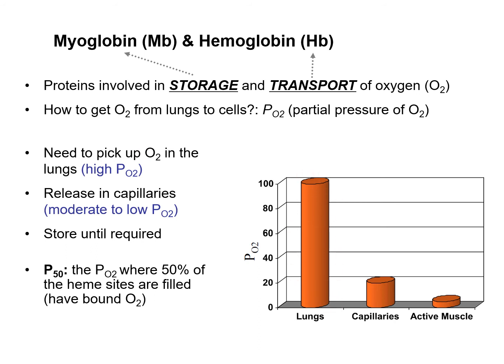And this hemoglobin releases the oxygen in capillaries, which have moderate to low PO2. And the cells within the tissue have even lower PO2, so they can easily get the oxygen from the capillaries too. And by the myoglobin, it can store the oxygen until required. And P50 is the term that is used to indicate the PO2 where 50% of the heme sites are filled, meaning that 50% of heme have the O2 bound.